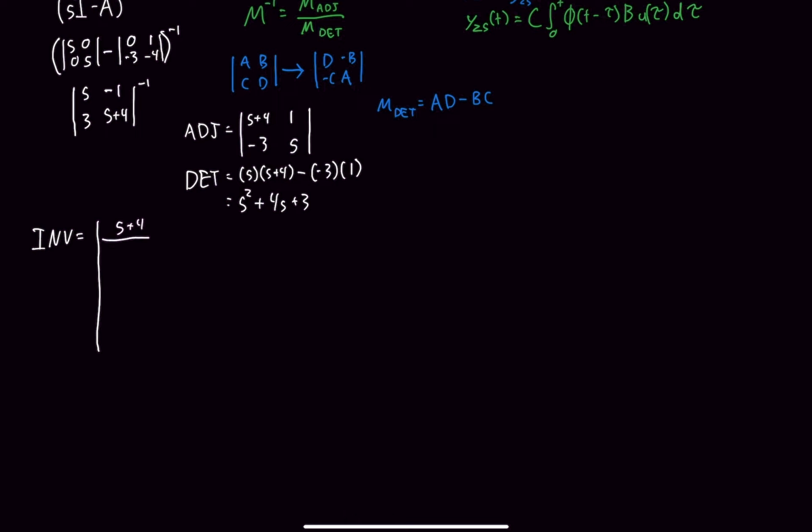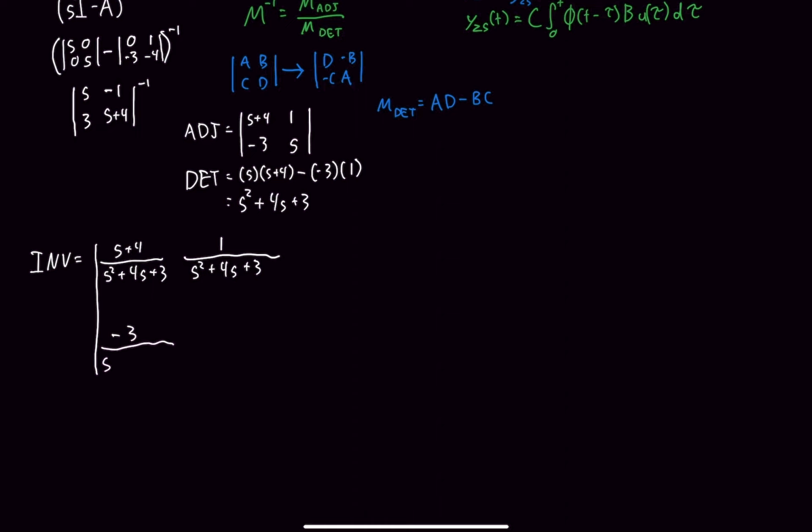The entries are s plus 4 over s squared plus 4s plus 3, this one is 1 over s squared plus 4s plus 3, we got minus 3 over s squared plus 4s plus 3, and then finally we have s over s squared plus 4s plus 3.